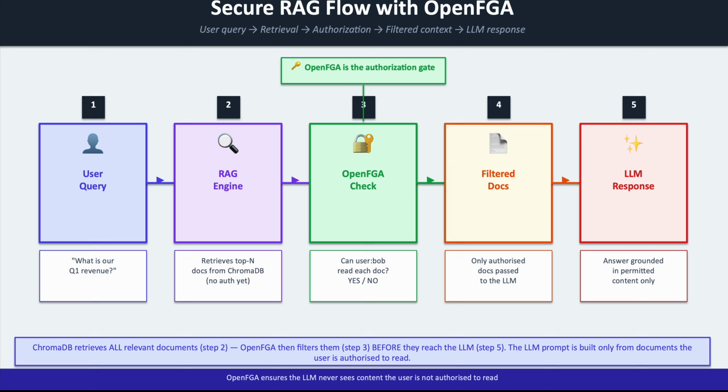So OpenFGA then checks, can Bob read each document, right? So this becomes my authorization gate. I then filter only the documents that Bob has access to, and that is what I send to the LLM, right? Now this is through the RAG engine.